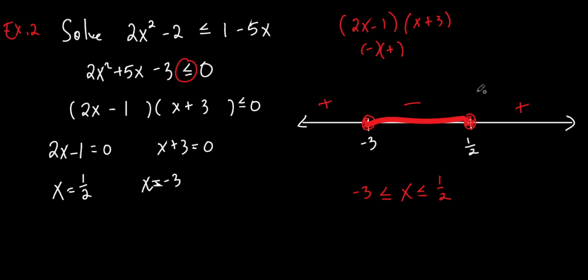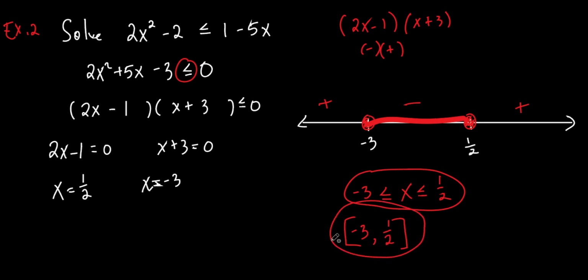The inequality notation, okay? Or you could write it as what? -3. It's closed, right? Because this is closed, comma, where? 1/2. That's also closed. Either one of these, they mean the same exact thing. It's just two different ways of writing it, okay?